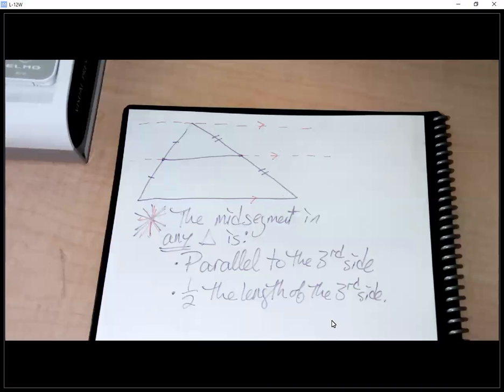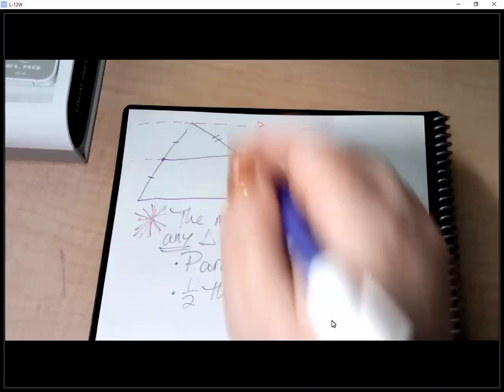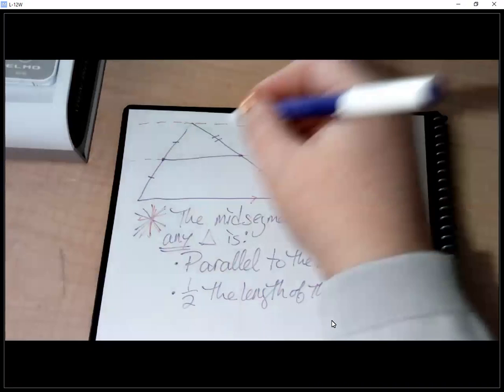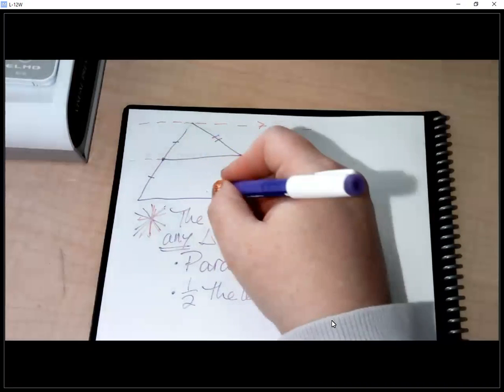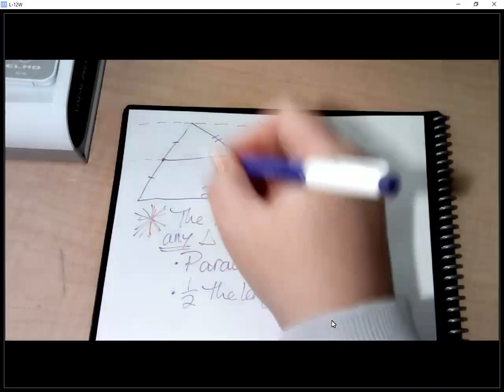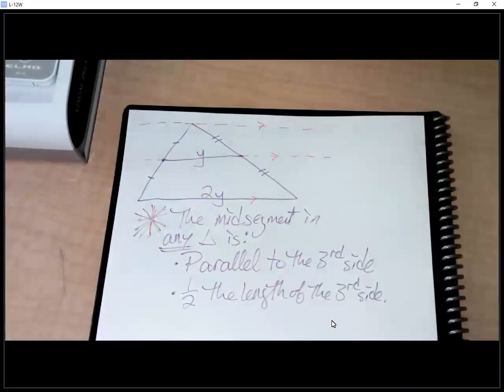So in other words, if I'm just going to add it to my diagram here, if I know that the base has a length of 2y, let's say, this would always be a length of y. How do we feel about that? It's so cool. I know, you guys are mind blown. I totally get it.